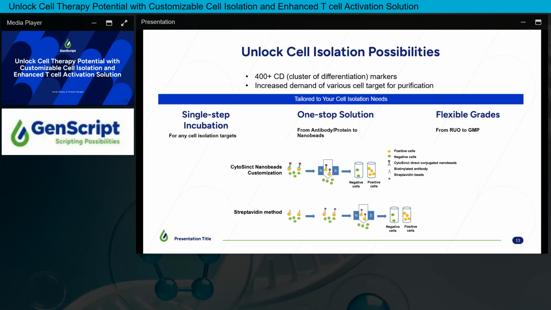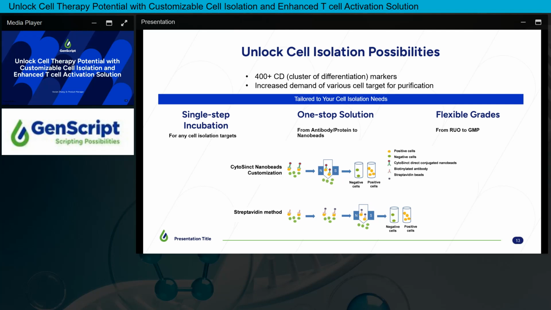So with that, we're proud to launch this new service, where we can provide customization to conjugate or develop nanobeads for any cell surface target of your choice. This is enabled by our strong antibody and protein development capabilities and our strong magnetic bead conjugation capabilities and know-how.